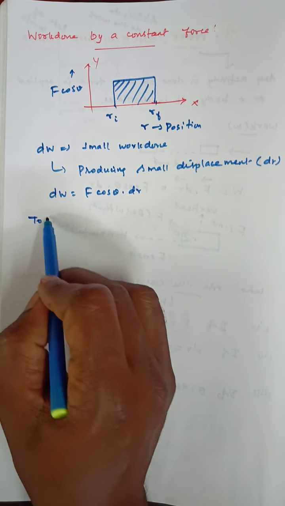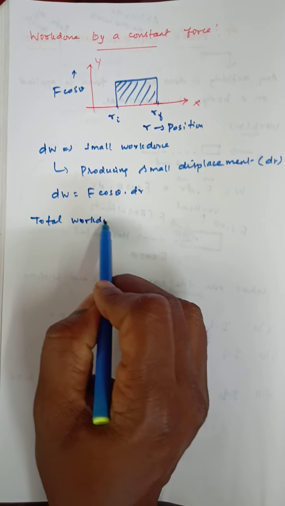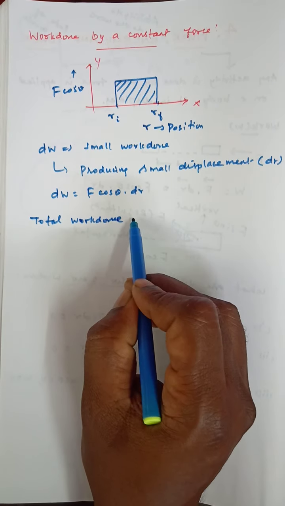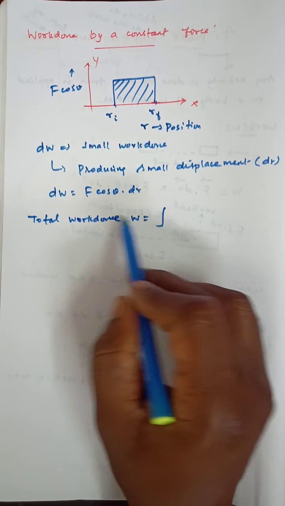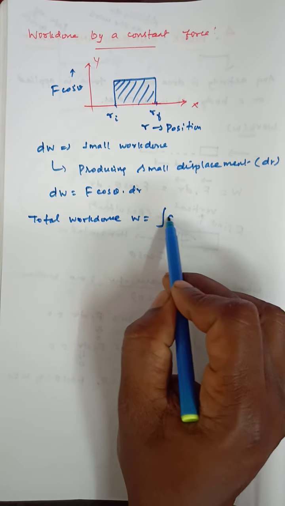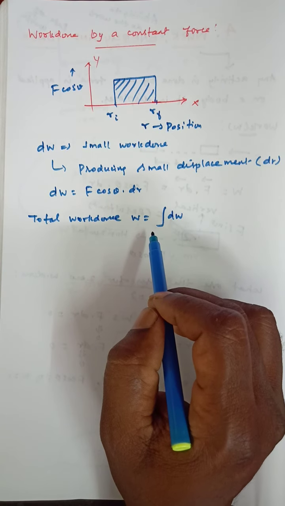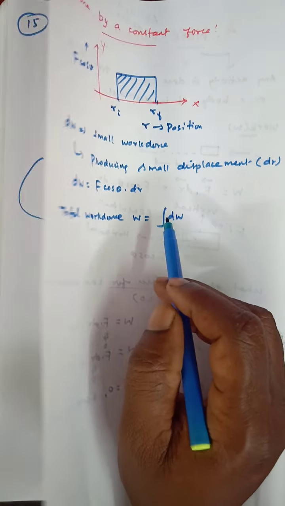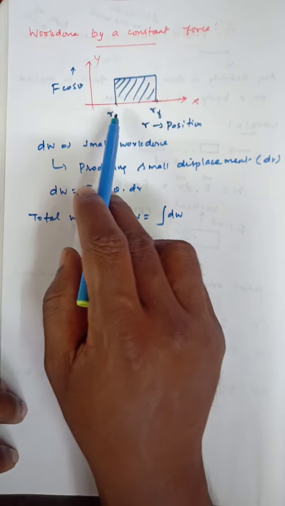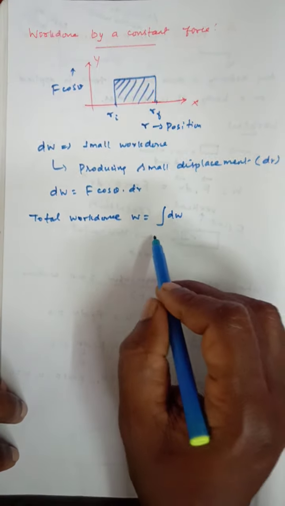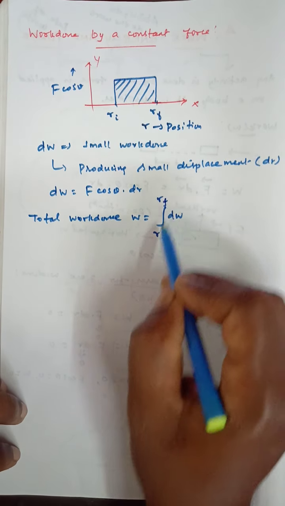Now we are defining the total work done. W is equal to the integral of the small work done dW, which becomes the total work done, with the ranges: initial position, then final position of the object.